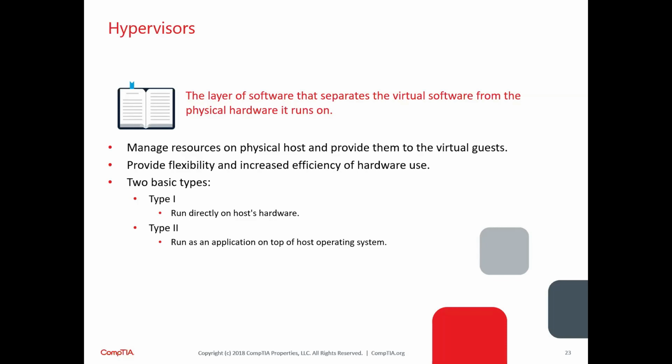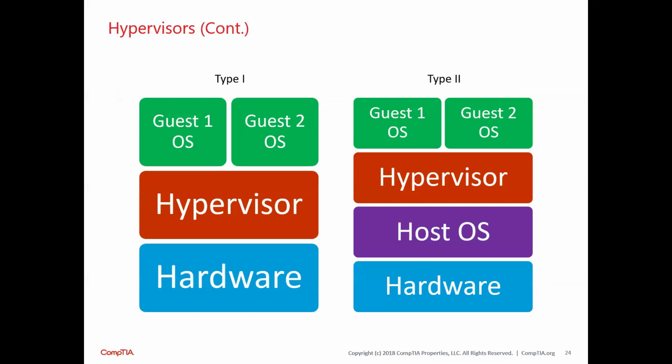Type 1 does not need any operating system underneath; you just install the operating system as well as the hypervisor by themselves. A very good example is Microsoft Hyper-V and VMware Server. And very good examples of type 2 would be VirtualBox, VMware Workstation, as well as Parallels Desktop. So this is type 1 and type 2.